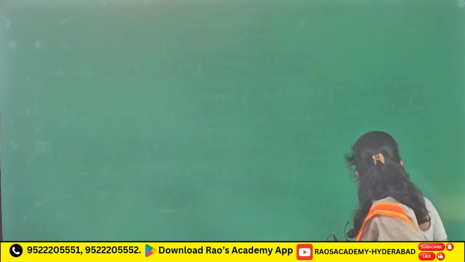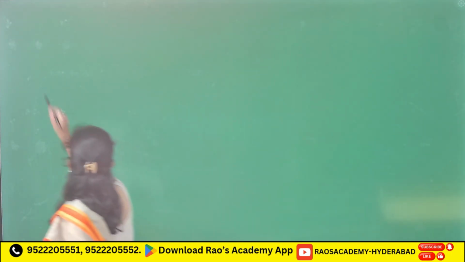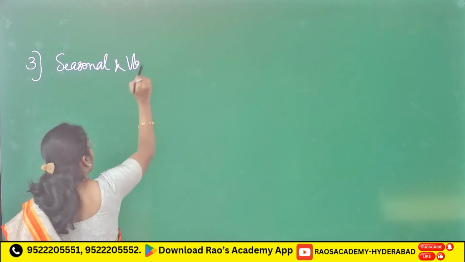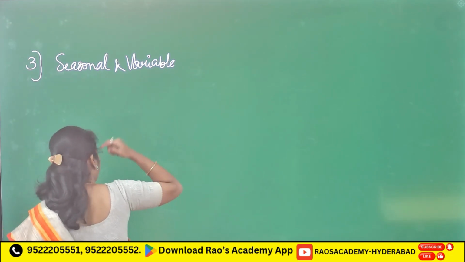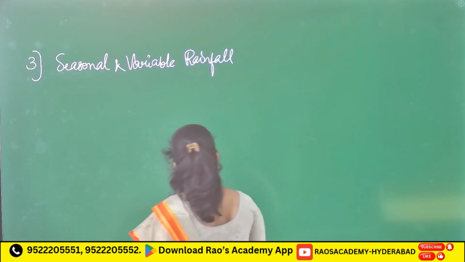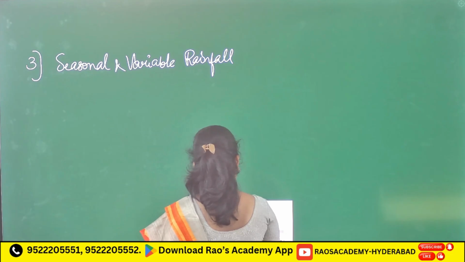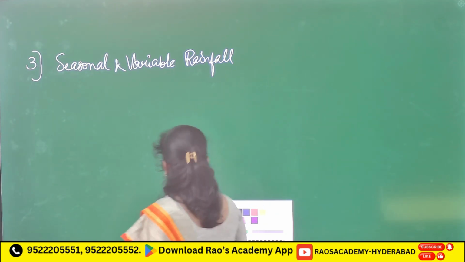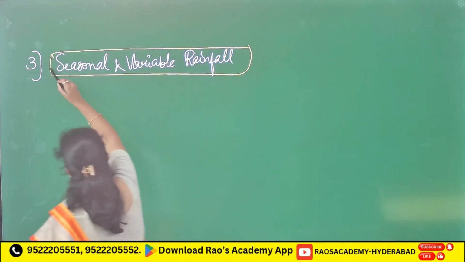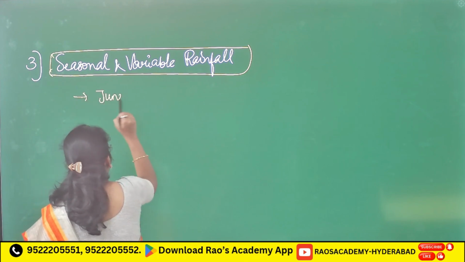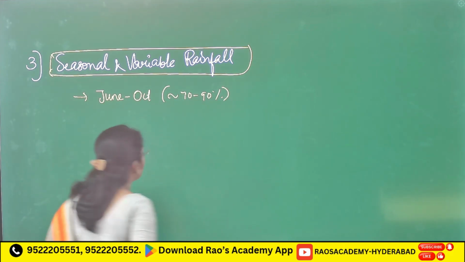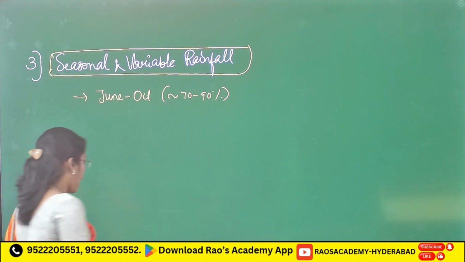Next, seasonal and variable rainfall. For example, in June to October, you will see approximately 70 to 90% of the rainfall.